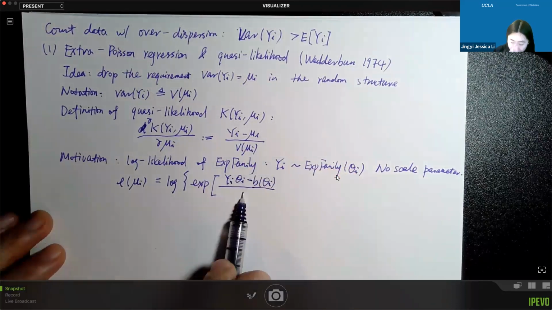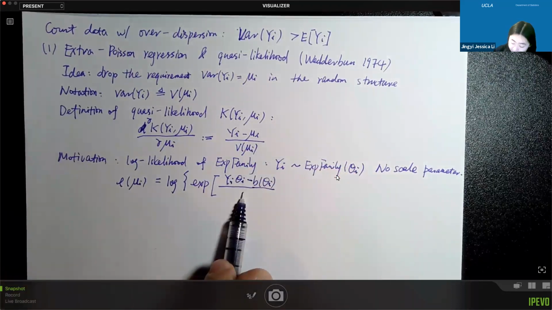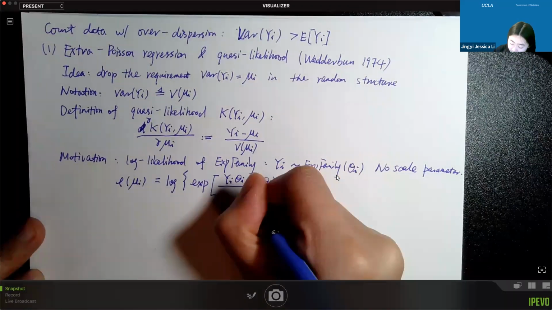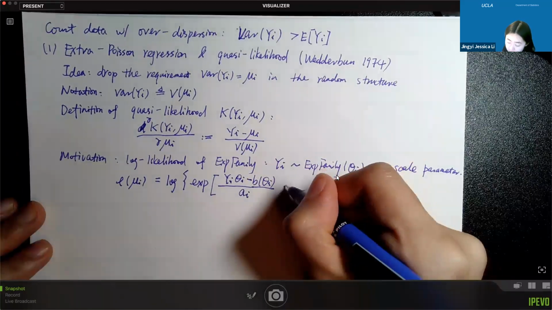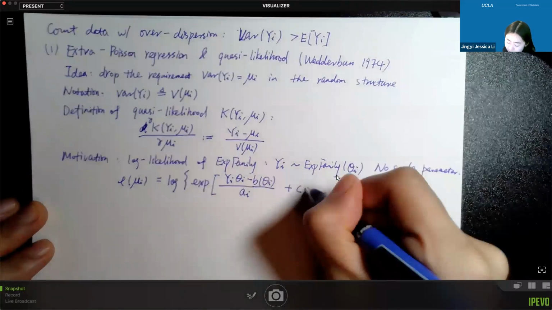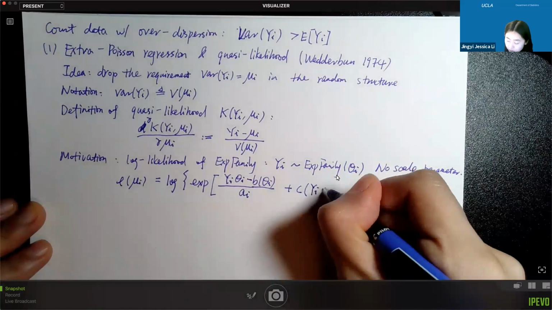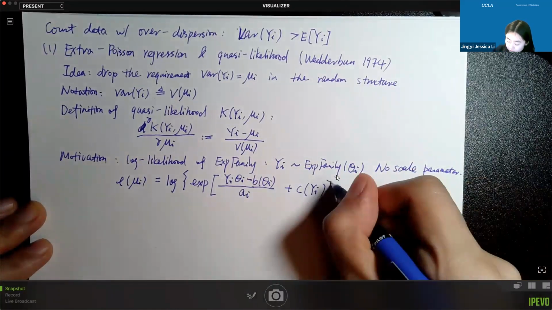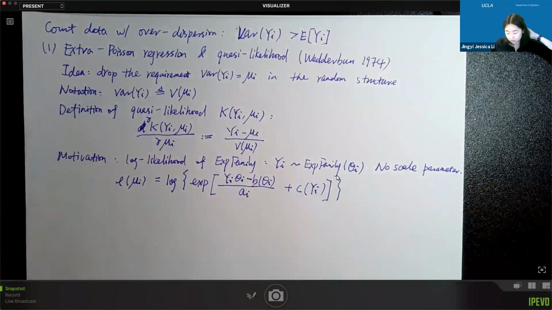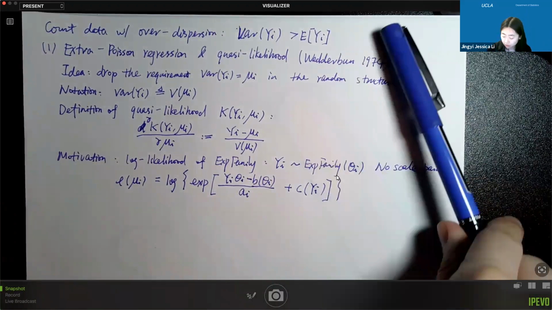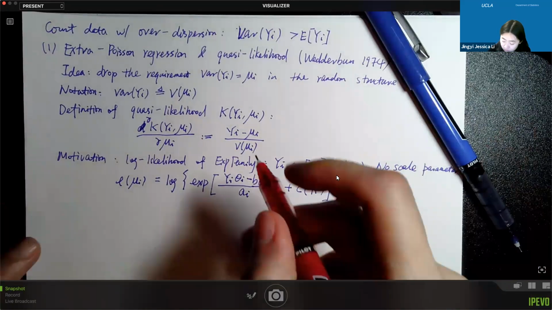Previously we had the scale parameter, a_i phi, but now phi is not there, we just write a_i. And for the last part, used to be c(yi, phi), now we just write yi as the only thing in the c function. So this is what we call one parameter exponential family.